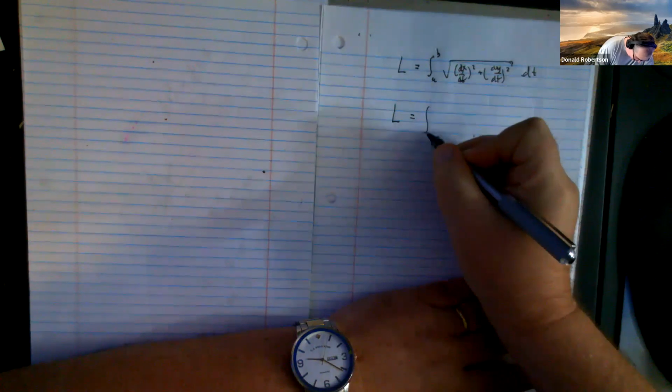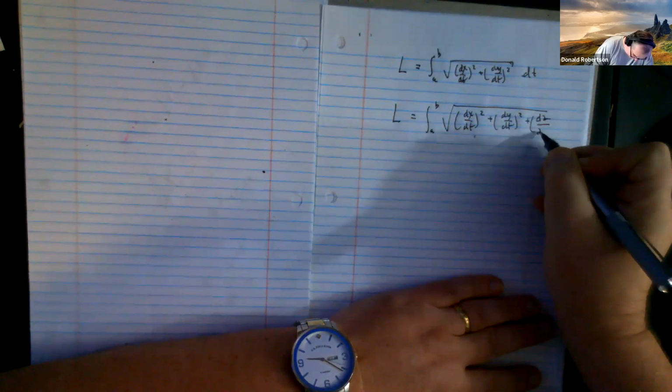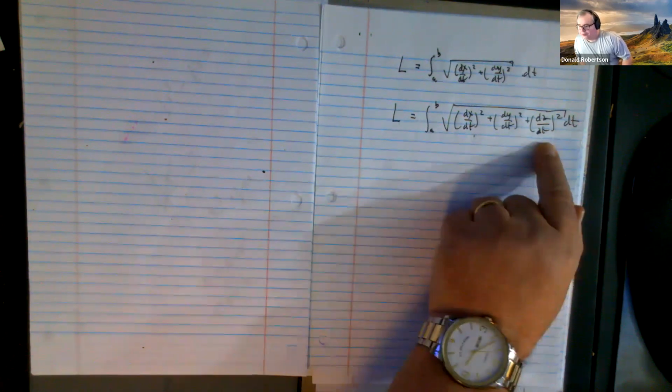Now, if it's a 3-dimensional one, so a space curve in 3 dimensions, it would be that guy. Not that I would ever do it, but if I asked you for a 4-dimensional one, can you imagine the formula would just generate another term, right? Now we're using the top one.